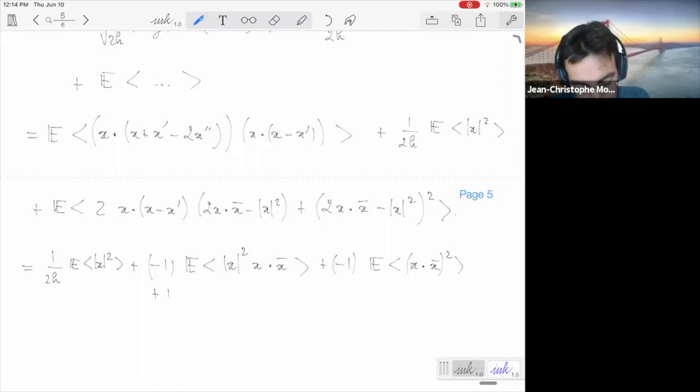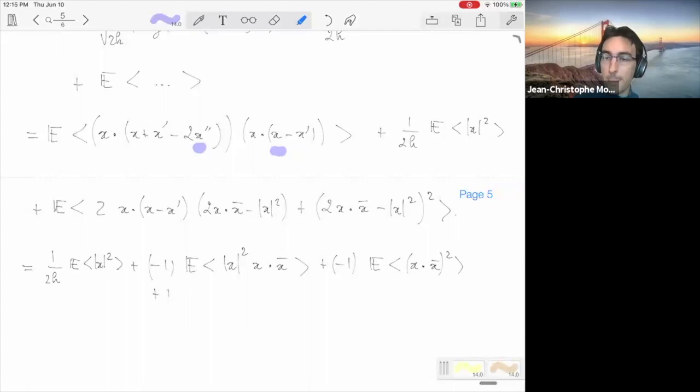Now for this guy with this guy, this is x squared, norm of x squared multiplied by x dot x double prime. I can rewrite it as x dot x prime if I want. There's no other copy around. So this is again a term of this form. It appears -2 times. So I'm going to write -2.